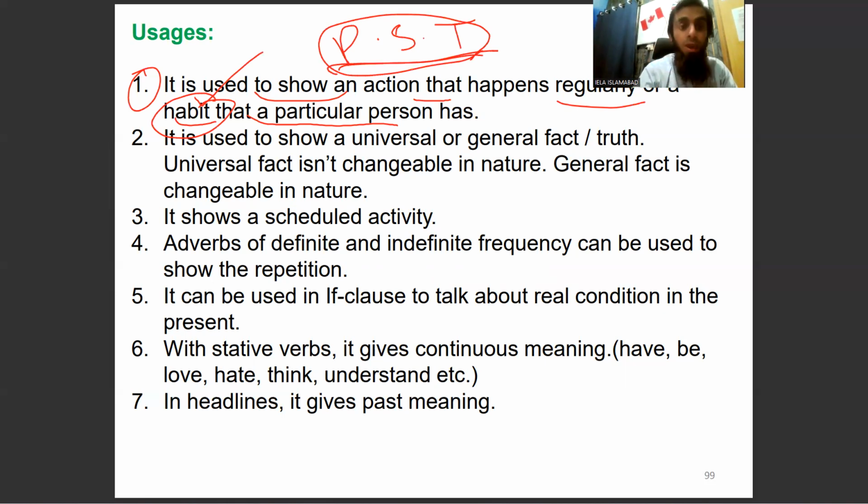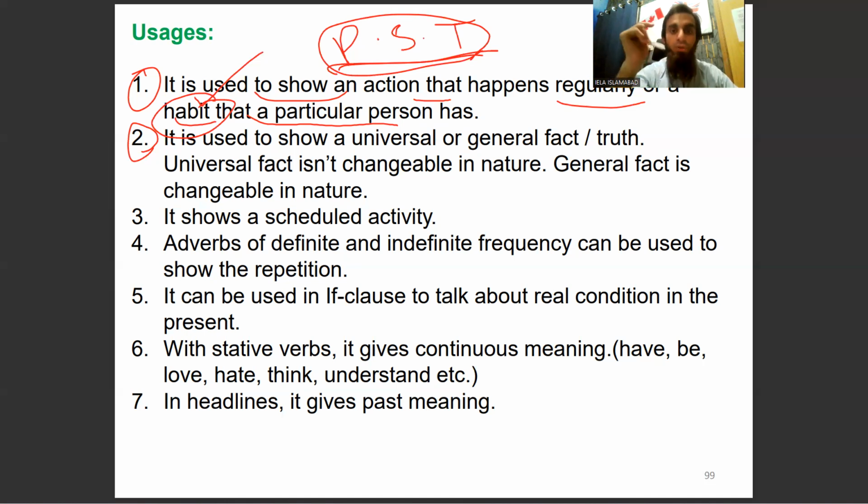Yes. Good. Number two, it is used to show universal truth. If something is very true and science says it is true, we use present simple. Like we say, sun rises in the east, right? Now sun rises in the east is a true fact, right?